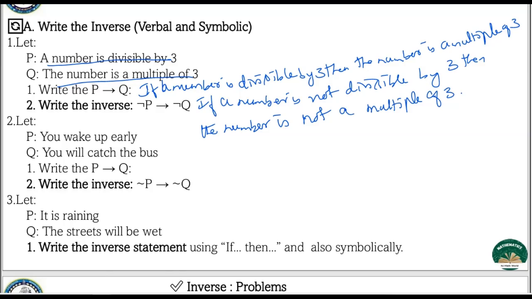Then next one, P: you wake up early, Q: you will catch the bus. If you wake up early, then you will catch the bus. We should use negation P, negation Q, meaning we will be using not.